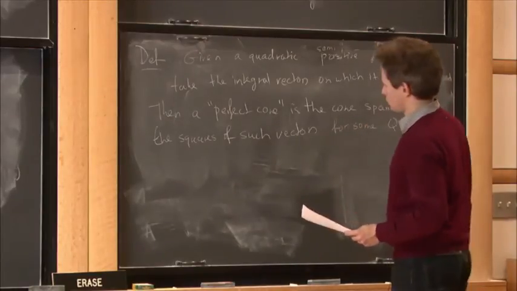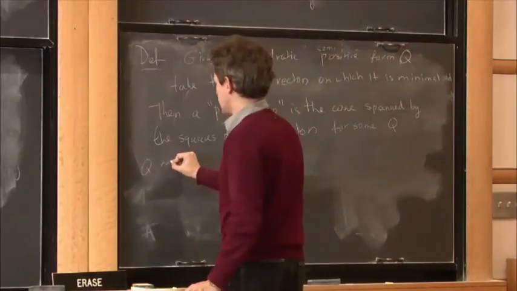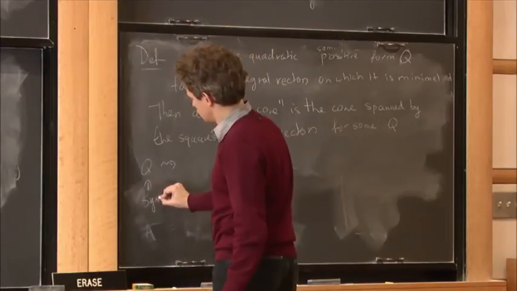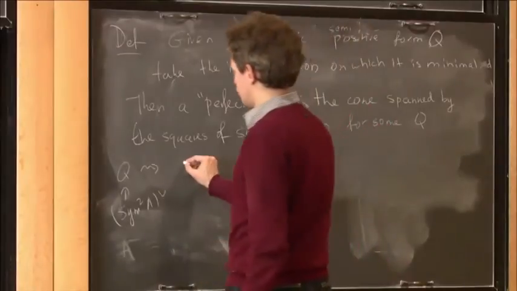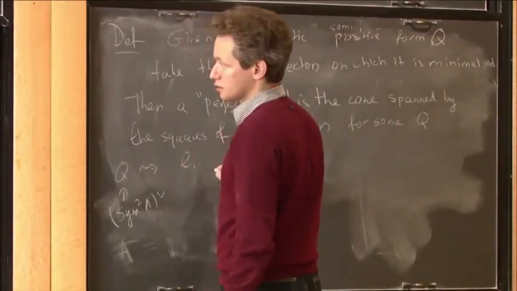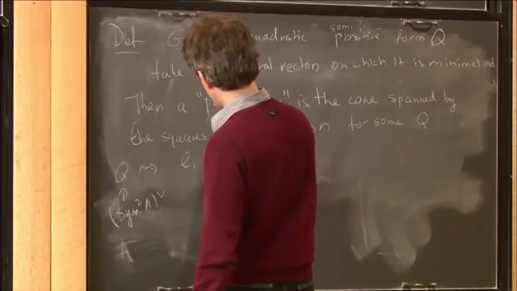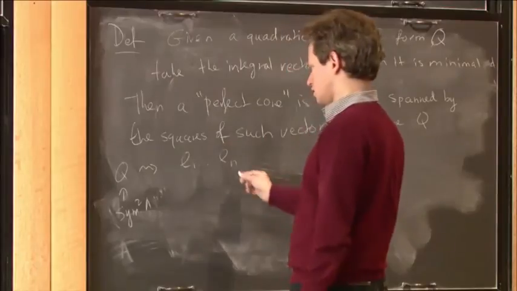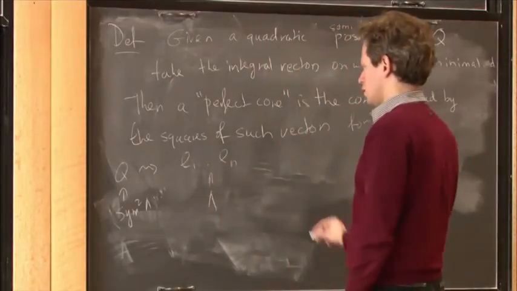So suppose I take a form Q. From this I get vectors. So the Q is in Sym2 dual. I get some n vectors on which it's minimized.